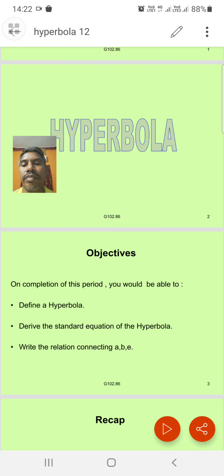P is a point on the curve, and M is the point on the directrix or fixed line, and PM is the perpendicular distance from P to M. So this SP by PM we call the eccentricity: SP by PM equals e.